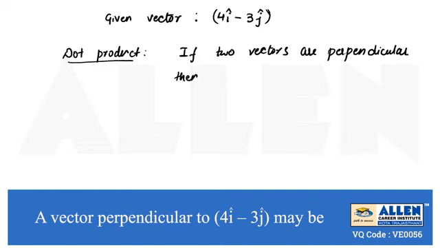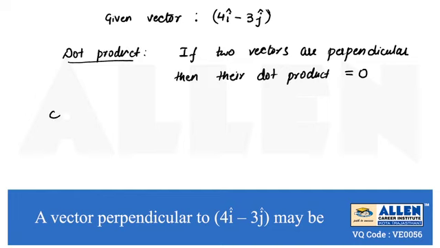So we will check one by one whether the given vector's dot product with the other vector gives result 0 or not.